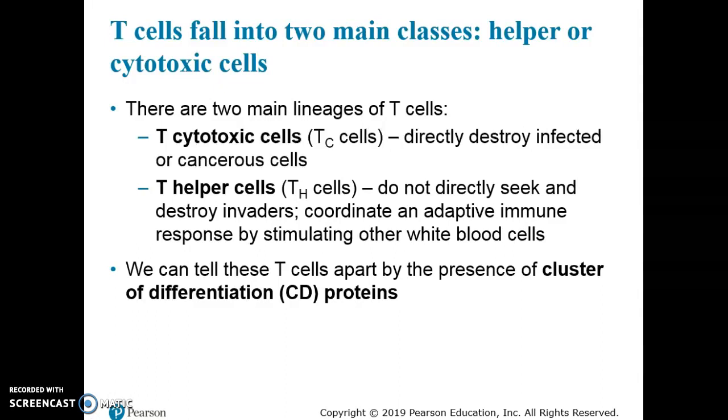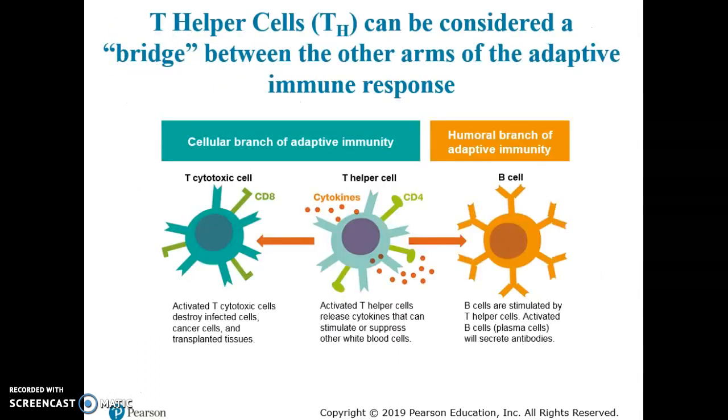T cells have a marker on them called CD, and they have what's called CD4 and CD8. You've got T cells as part of the cellular branch of adaptive immunity, and B cells part of the humoral branch of immunity, and your T helper cell here being the link or the helper of both B cells and cytotoxic T cells.